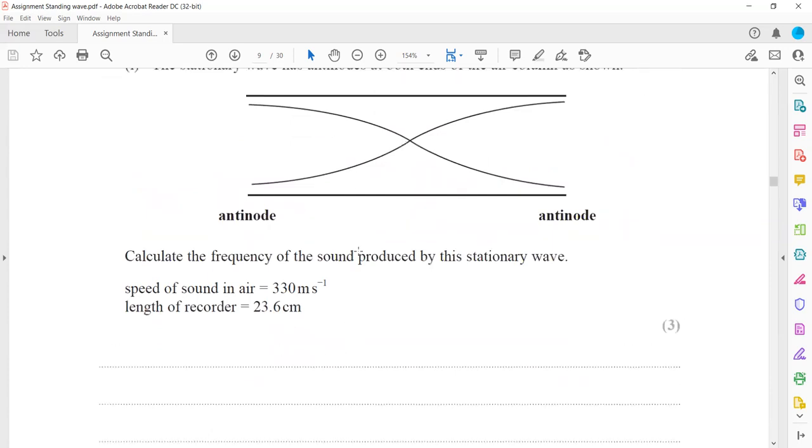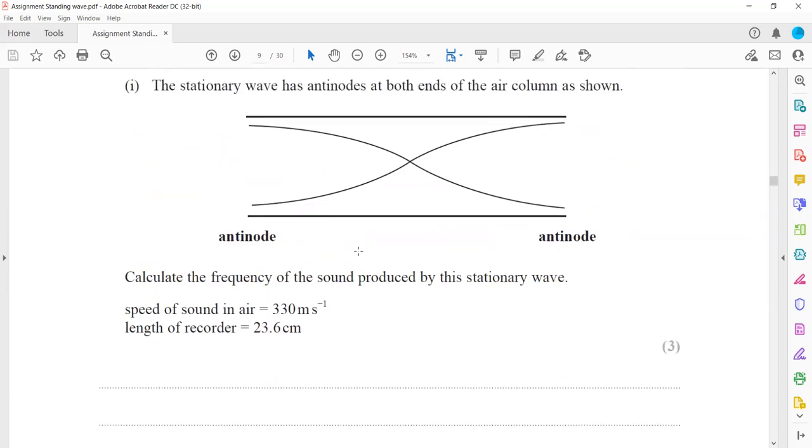The speed of sound is given, and the length of the recorder. So using the length, first we have to determine the wavelength. The total length L is 23.6 centimeter. So this is antinode, node, and antinode.